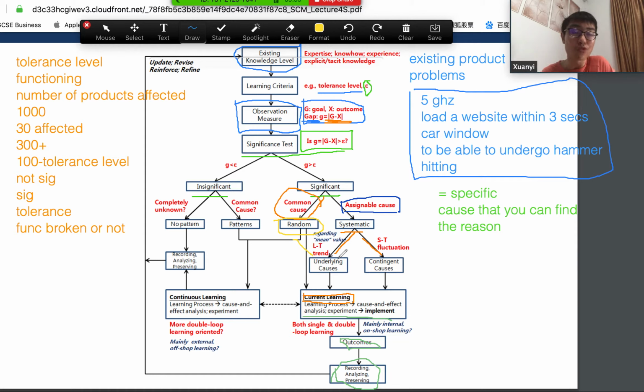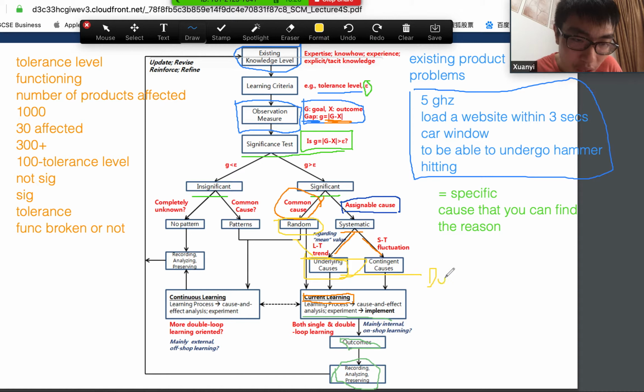We may be able to find what causes that, but it doesn't really have an underlying cause. So maybe the random cause can be based on single loop learning, I suggest. I'm not sure, it really depends on the situation. But basically, if it's not happening much, just randomly happening, there may not be a need to tackle the underlying causes that require double loop learning.